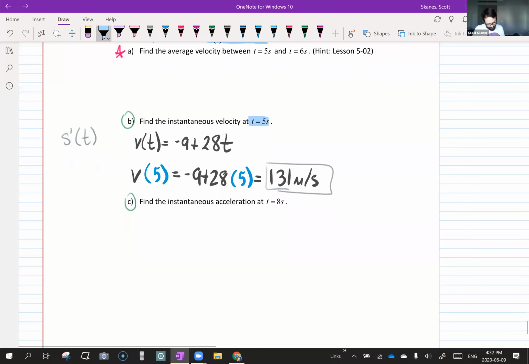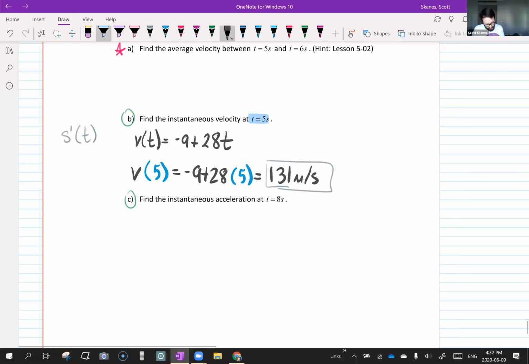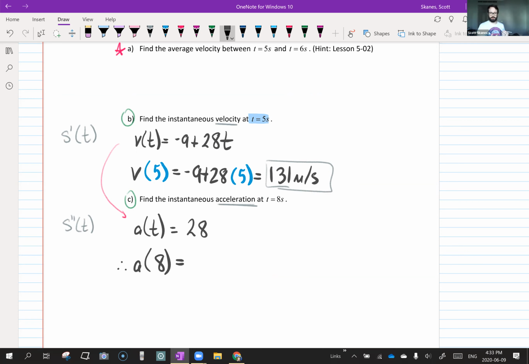So that's my 5. We want the instantaneous velocity in this one, acceleration in the next one. So just get the second derivative, which is what? 28. And there's no need to substitute. All right, 8 seconds. There's nothing to substitute in.